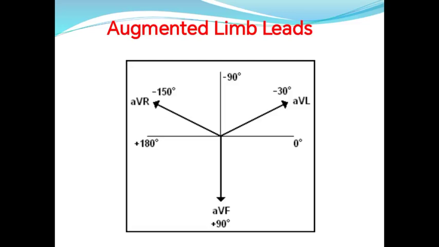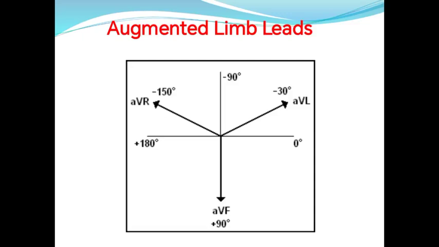We call them AVR, and the AVR corresponds to angle minus 150, and the AVL to angle minus 30, and the AVF, which uses the left foot, is located at angle plus 90.